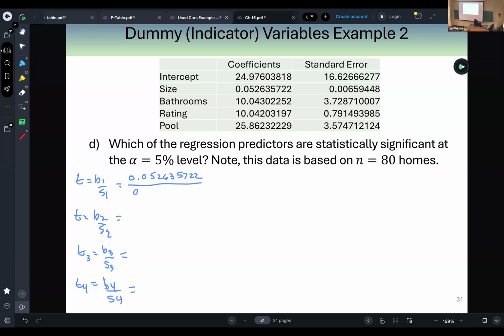I'm just going to do that. If you guys can help me get those, we'll just round them to 3 decimals. That's all we need.